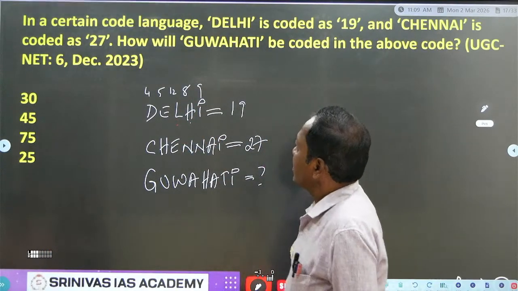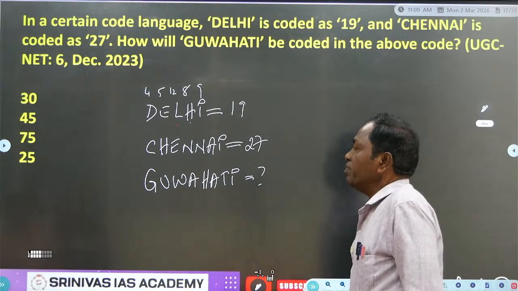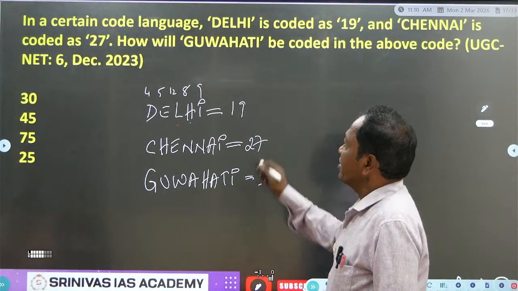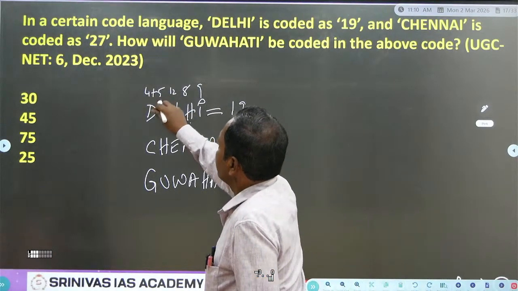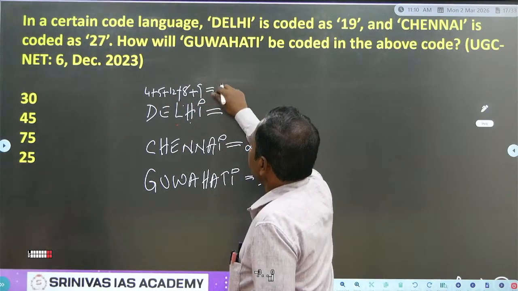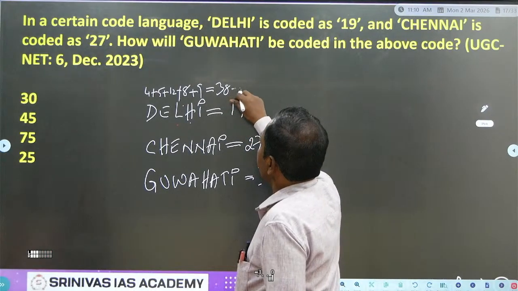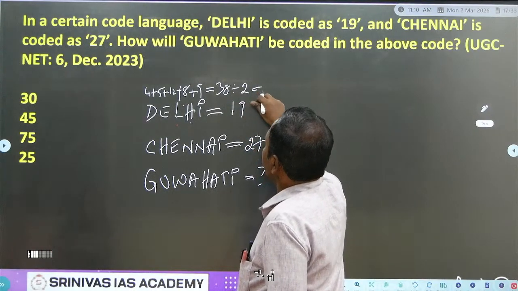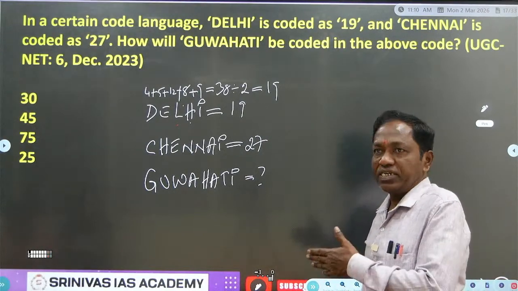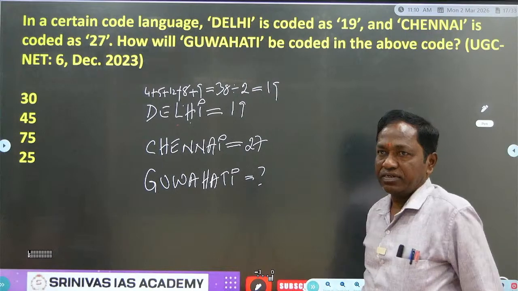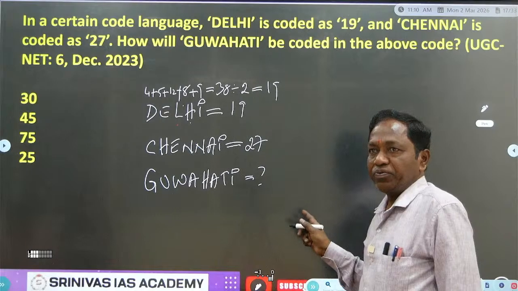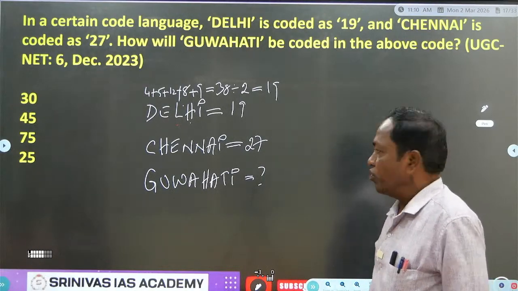You put up the total. 4 plus 5 is 9, 9 plus 12 is 21, 29, 38 will come. 38 by 2, 38 will come, 19 is there. Divided by 2, you will get 19. The sum of the position of the letters divided by 2 is the code.